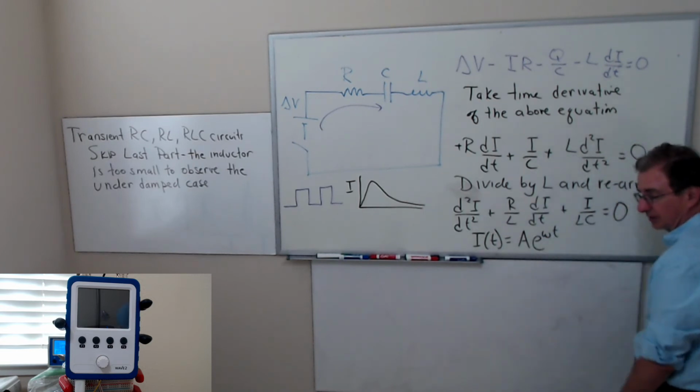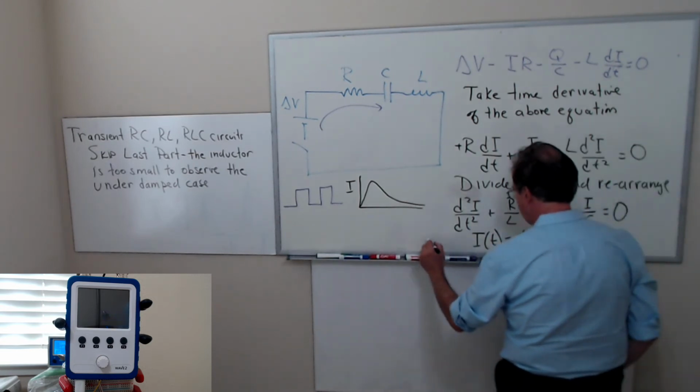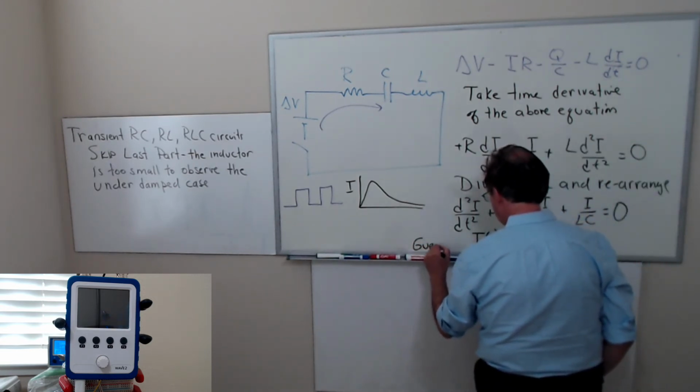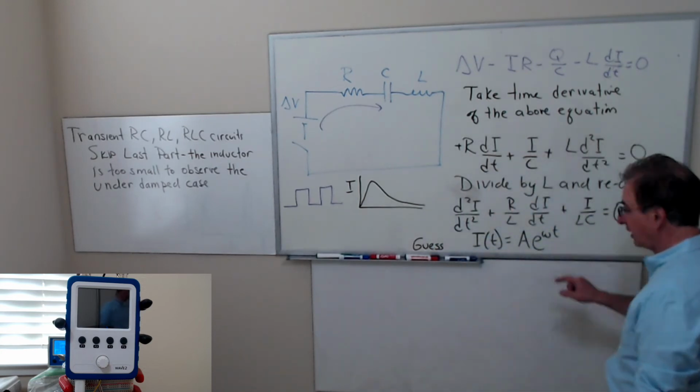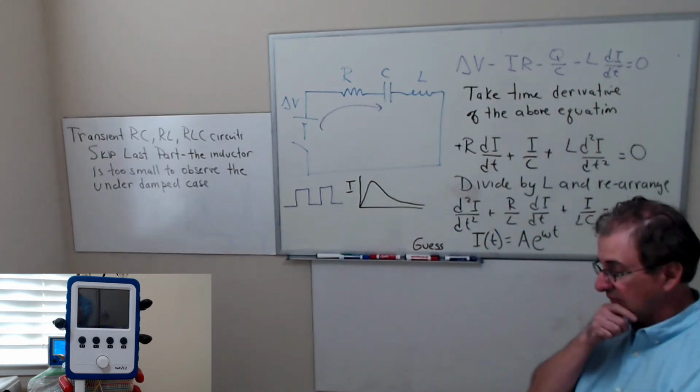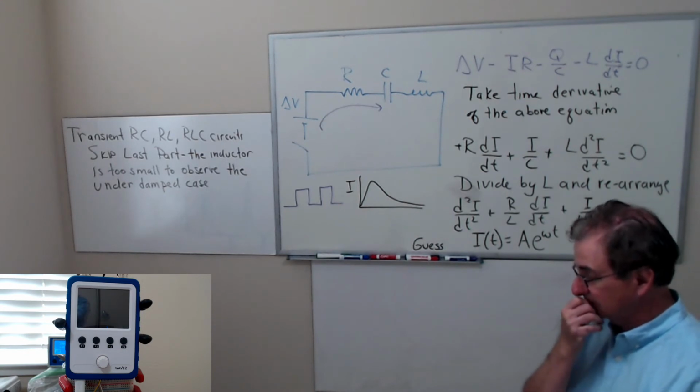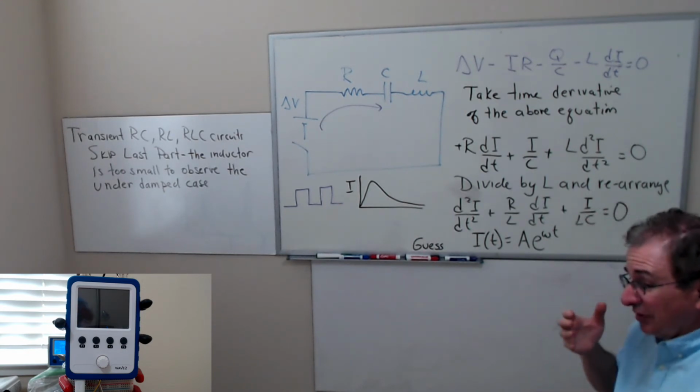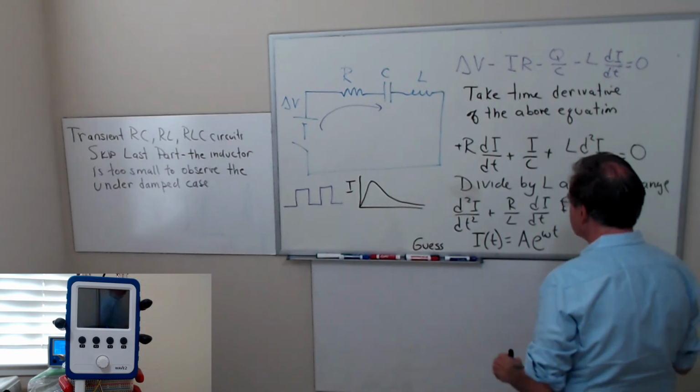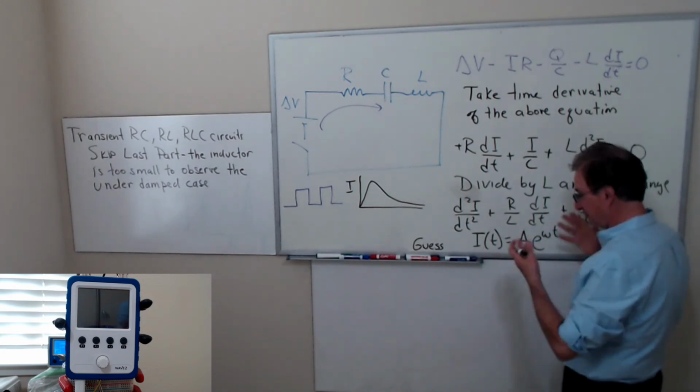Let me guess that. I'm going to guess that solution. Okay? I can do that, right? It's not the best way of solving a differential equation, but I'm going to guess the solution.